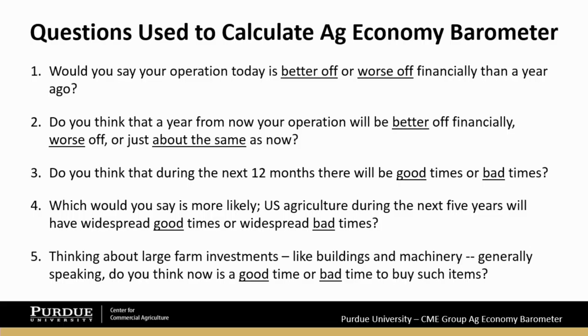And so there's a lot of parallels between that survey and what we're trying to do here. As you can also see, our response options are better off, worse off, just about the same. So these are really simple and easy for producers to answer over the phone in a quick, short time period. So I want to emphasize again that within the survey, we have this base of 5 questions that we ask every single month.